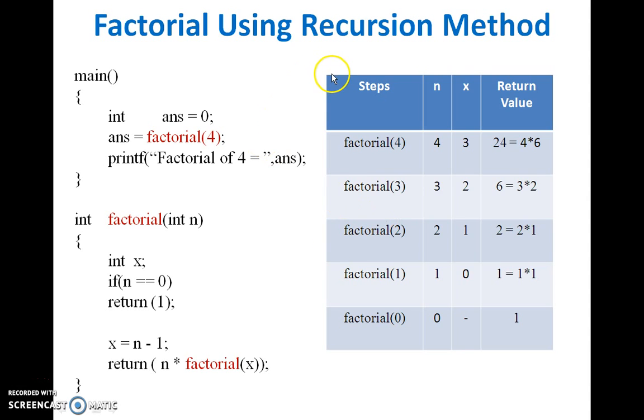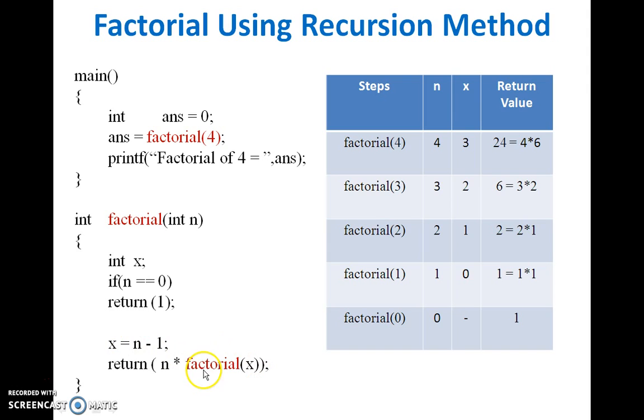Second is the factorial using the recursion method. Here we have defined a factorial function, that is a recursive function, because the base case is defined here. The base case is: for factorial, if n's value is 0, we are returning 1. If it is not 0, then the recursive call is done for n minus 1.